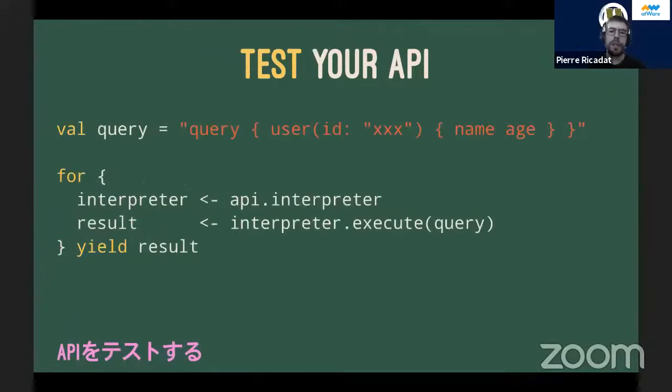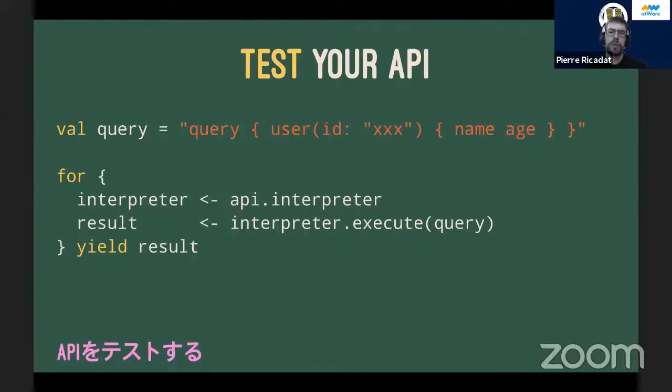Then let's see how to execute a query. So here I just created a query that is a string, a small GraphQL query, the one from the example we saw before. So first thing, we need to turn our API into an interpreter.